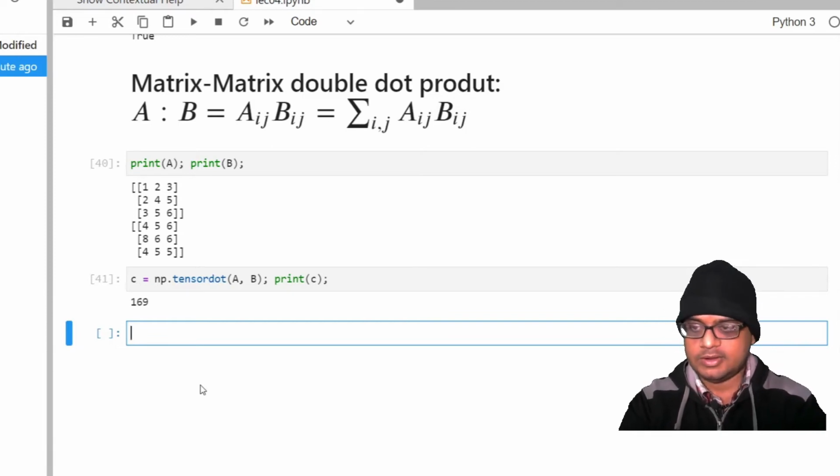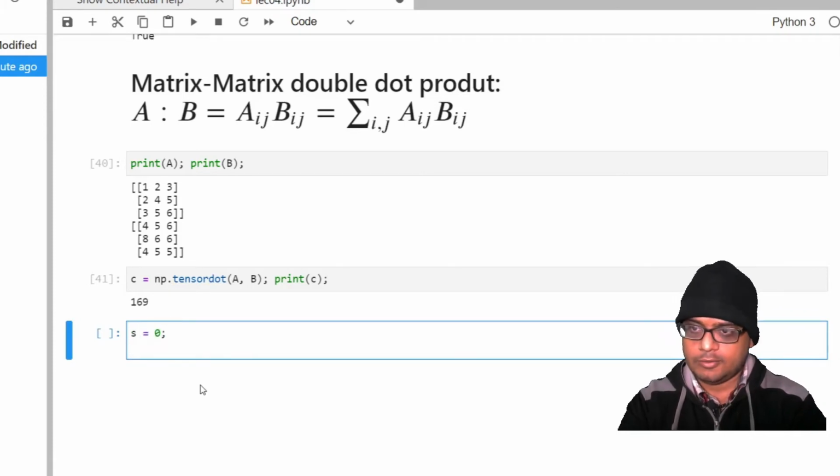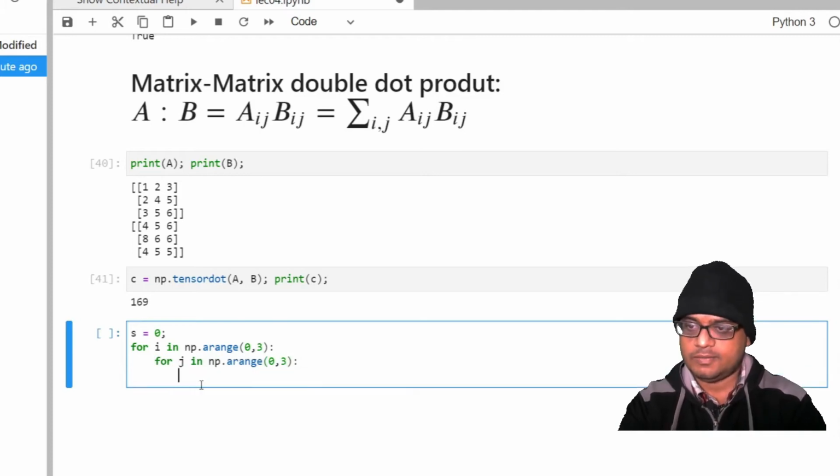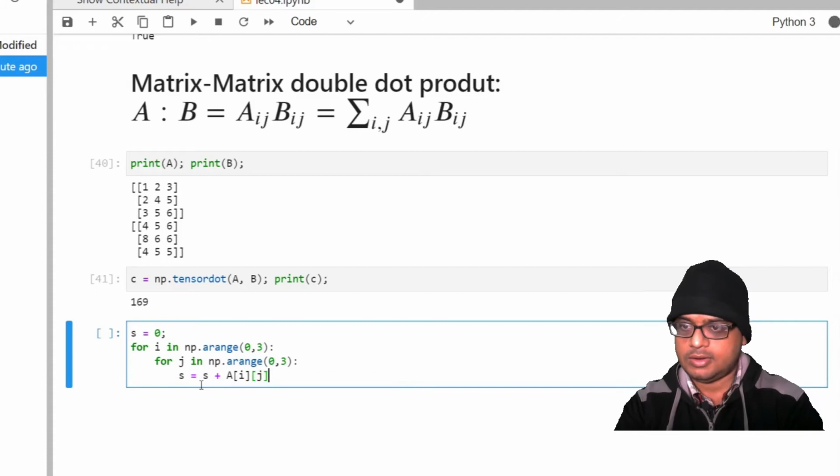Let us define sum s equal to 0, for i in np dot arange 0 comma 3, for j in np dot arange 0 comma 3, s equal to s plus a ij times b ij.